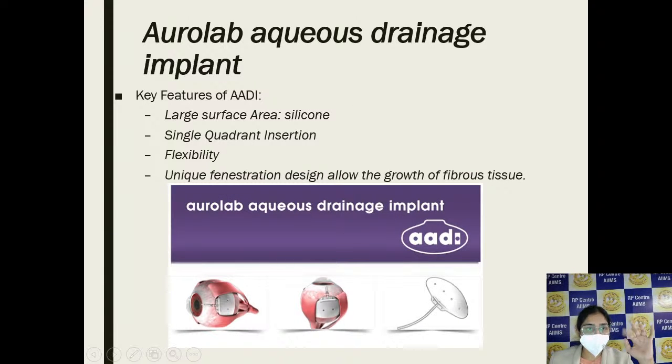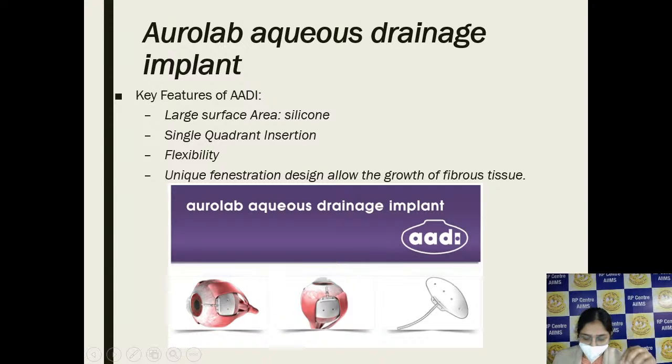The other implant is known as ADI, the Aurolab aqueous drainage implant. It is an Indian-made version of Baerveldt. It is cheaper and hence more available to us. Molteno and Baerveldt are not available in India, so it is a very good substitute for Baerveldt.